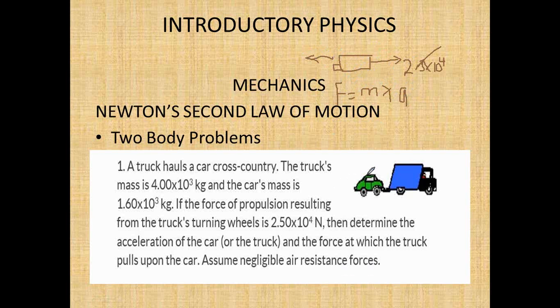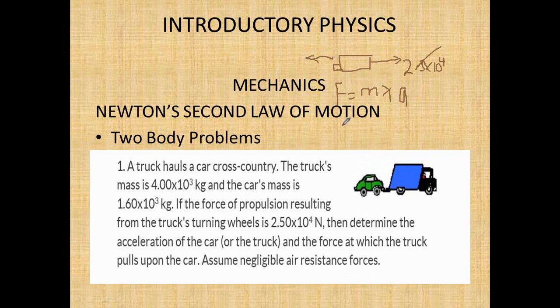We're going to have the mass of the small car and the mass of the truck, so the car and the truck together. Whatever speed the truck is traveling, the car is going to be traveling the same speed, same acceleration, because it is attached.